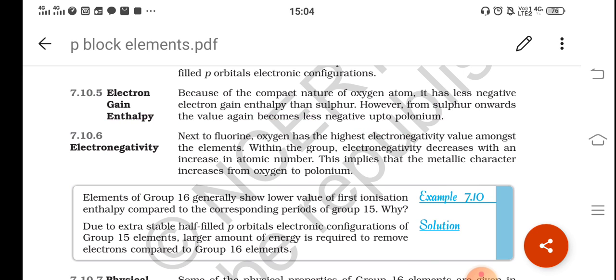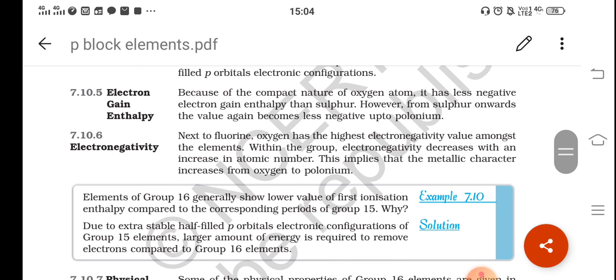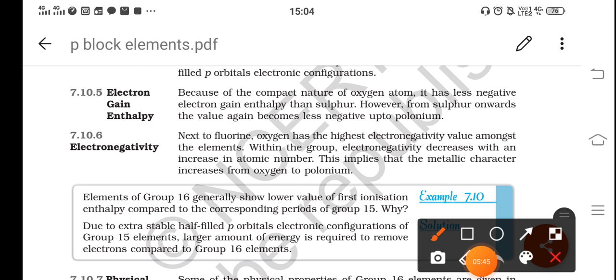The reason is that oxygen is small in size and faces interelectronic repulsion for the incoming electron. This is why its electron gain enthalpy is slightly less than sulfur, and sulfur, being more stable with no such interelectronic repulsion, has a higher electron gain enthalpy than oxygen. From selenium to polonium, electron gain enthalpy decreases due to increase in size.